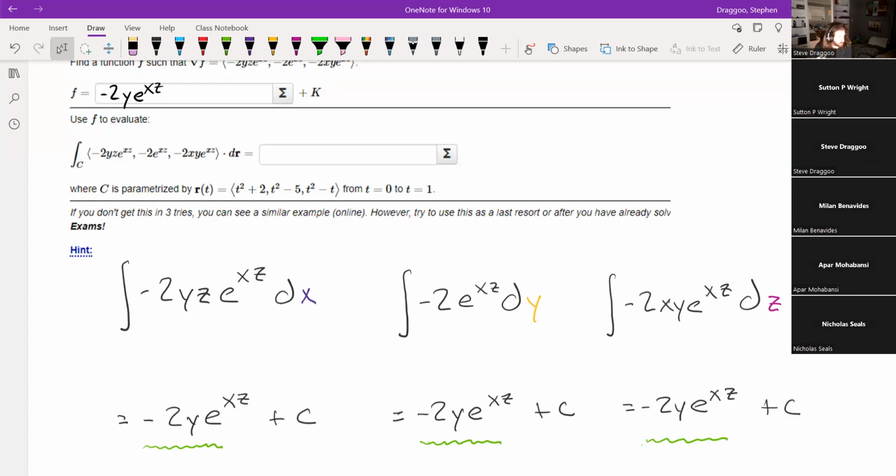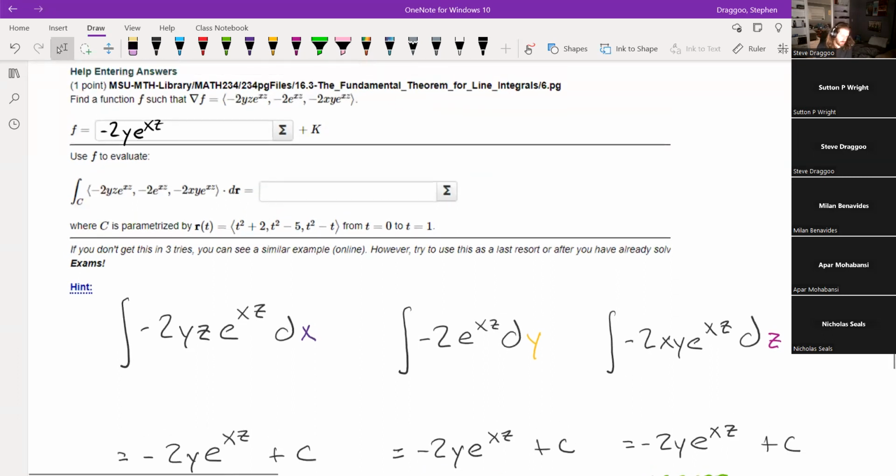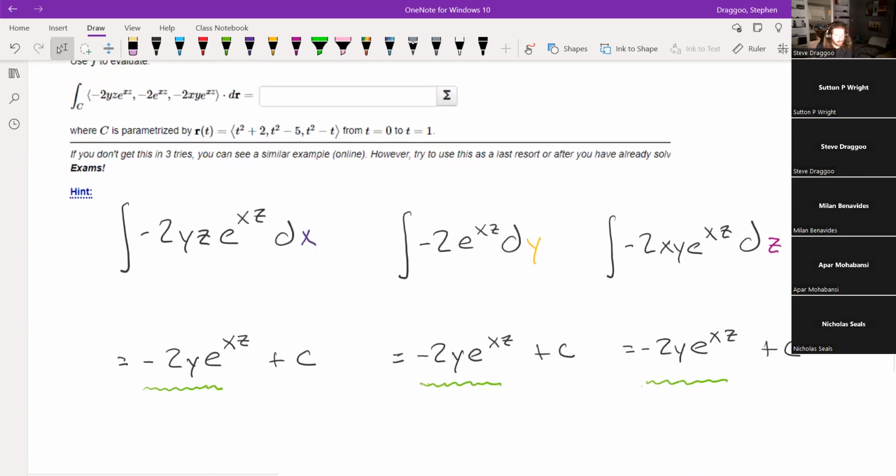Since that worked out, I could also have done a test for a conservative vector field to verify that this works out to be a conservative function, so I can find f. This problem was just supposing we can already do that. I'm going to show off a better example later on of how to identify a conservative vector field. For now, I'm just going to say that, hey, we have this function, so it must work.